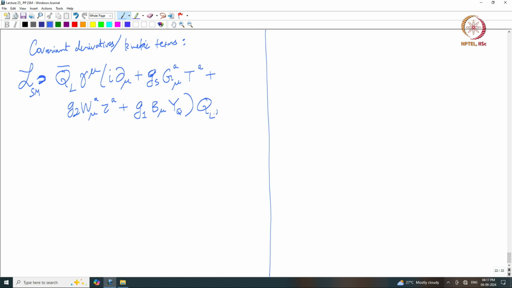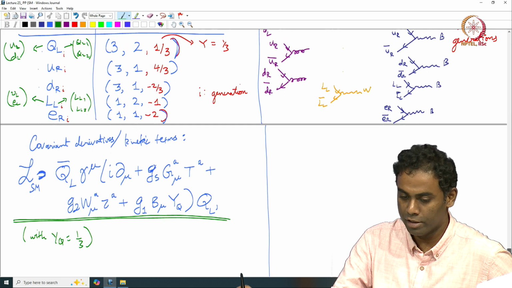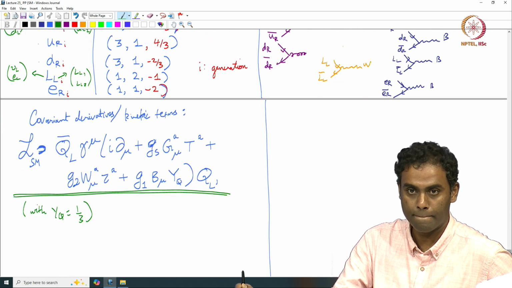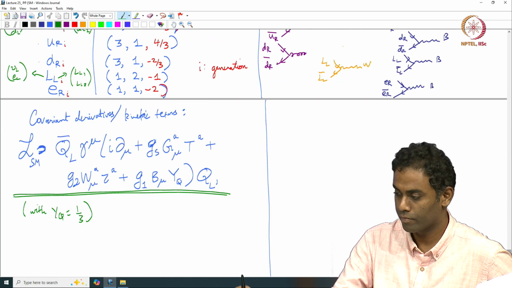So, I will just write down YQ equals 1/3. So, this is how we write the entire covariant derivative. You just put in all the interactions that it takes part in to construct the covariant derivative, okay. So, I leave you to construct the covariant derivative for the other 4 fields also, okay.